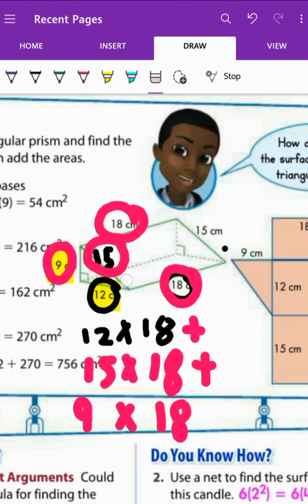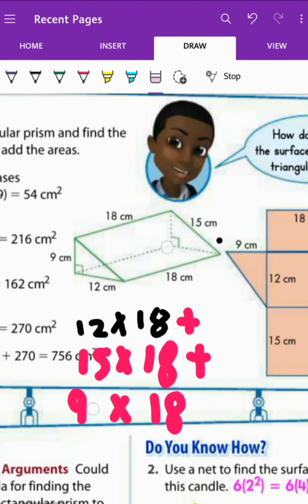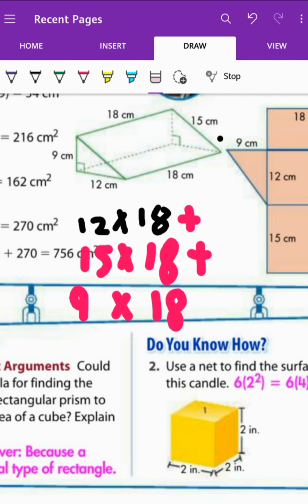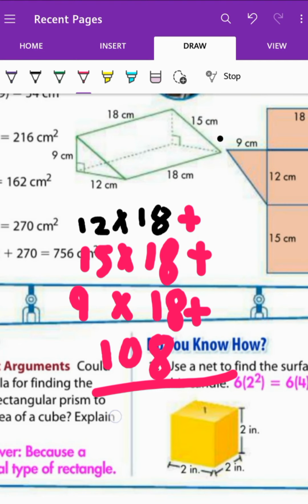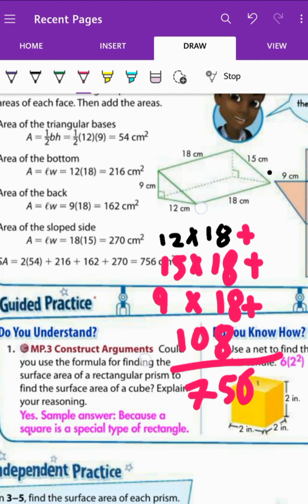Okay, and we have before 54 for each. That means 108 plus, after you do the calculation, you will find it 756. Okay, my dear students.